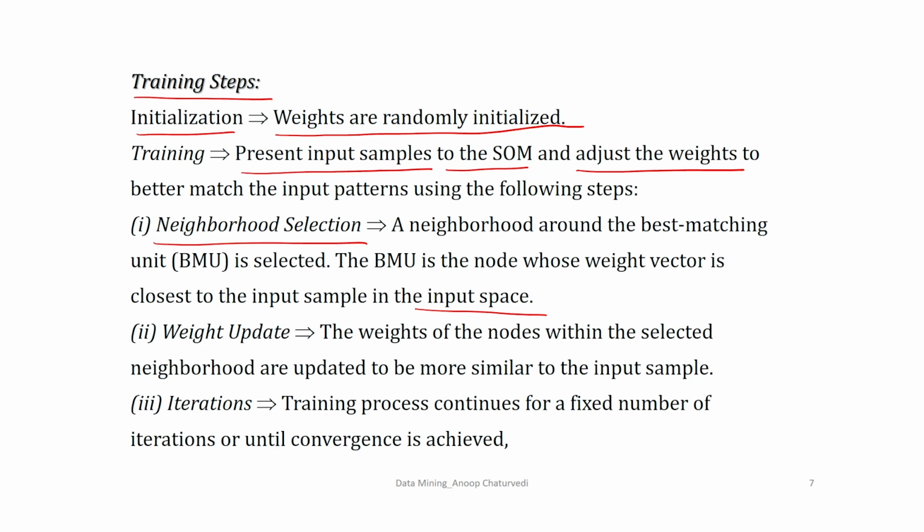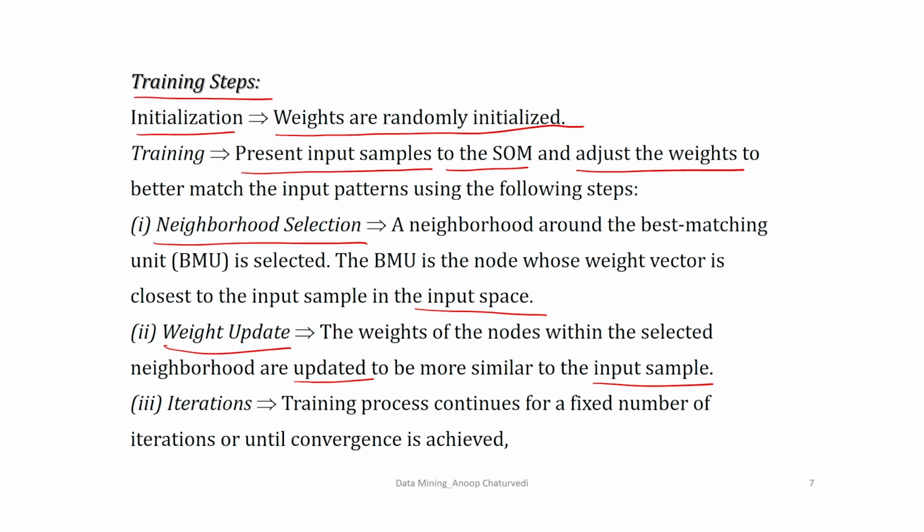And for that purpose, first we select the neighborhood around the best matching unit, that is the node whose weight vector is closest to the input sample in the input space. And then we update the weights. The weights of the nodes within the selected neighborhood are updated to be more similar to the input sample.